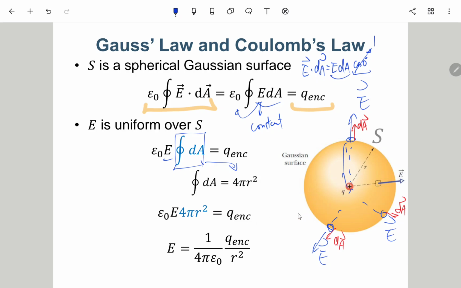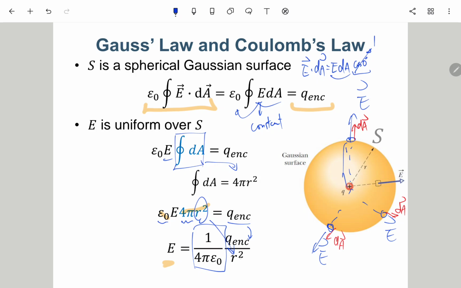So finally, we can just put this and this to the right side. The left side remains E, and then we have 4 pi epsilon naught here. Putting it to the right side, it goes to the denominator. So we have this 1/4 pi epsilon naught, which is the k here, and then Q enclosed is here, and then we still have this r square there.